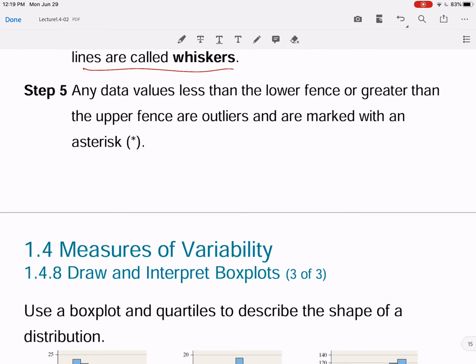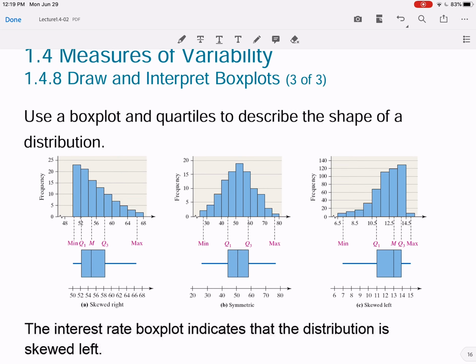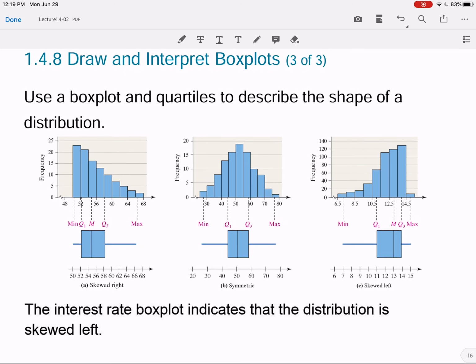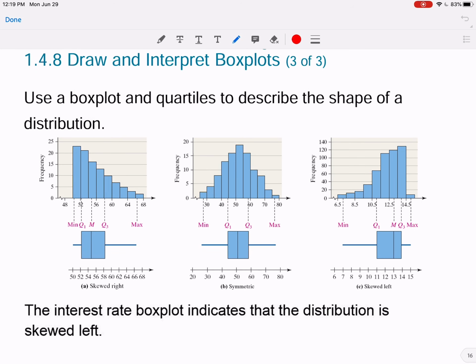Now, once we know this notation, let's use a box plot and quartiles to describe the shape of a distribution. Let's take a look at the middle one over here. Obviously this is a symmetric distribution, and based on what we went over in the previous video, for a symmetric distribution the median is equal to the mean, right?